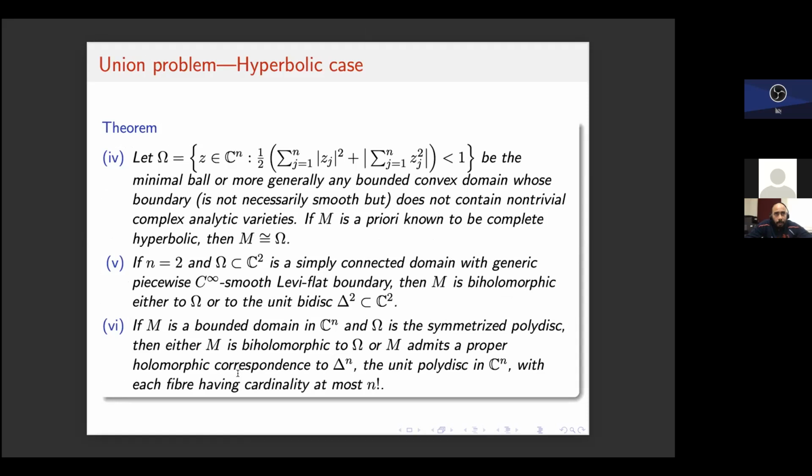It's known to be Kobayashi complete, right? The minimal ball, yes. But to work, I am making the additional assumption on M. Finally, of course, we are going to show that M is biholomorphic to omega, but to work it out, we actually need to assume that M is complete.